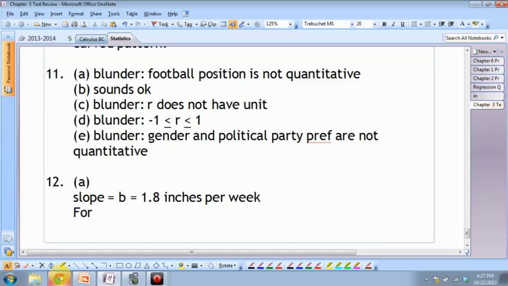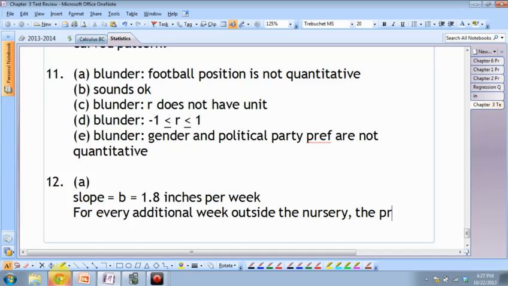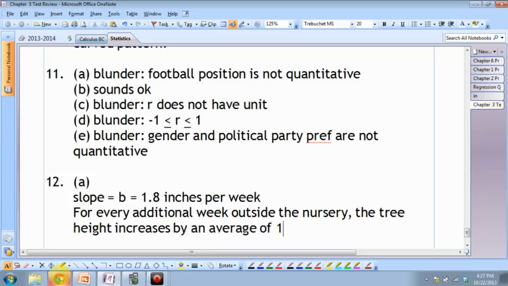For every additional week outside the nursery, the predicted tree height increases by an average of 1.8 inches.